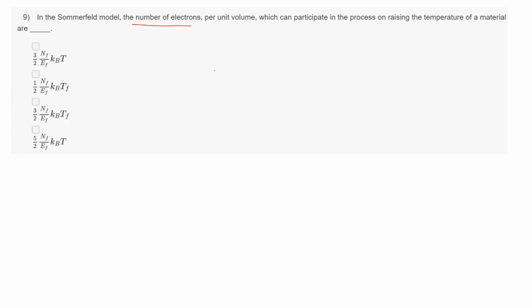The number of electrons is given by the density of states at EF times KBT. So what is D of EF? This we had found to be 3 by 2 NF by EF, into KBT. So your correct answer is this.